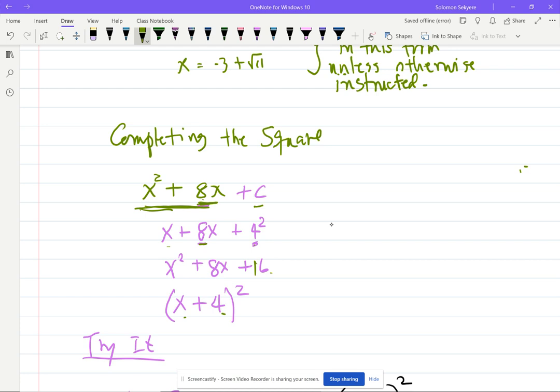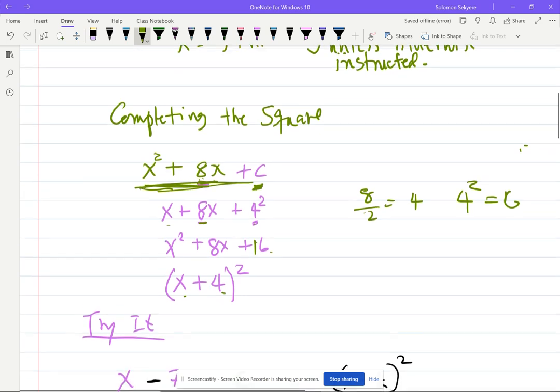The number multiplying the x is called the coefficient of x. We divide that by 2, so 8 over 2, which is 4. When we square the 4, which is 16, that's the number that we add to these two to make it a perfect square.